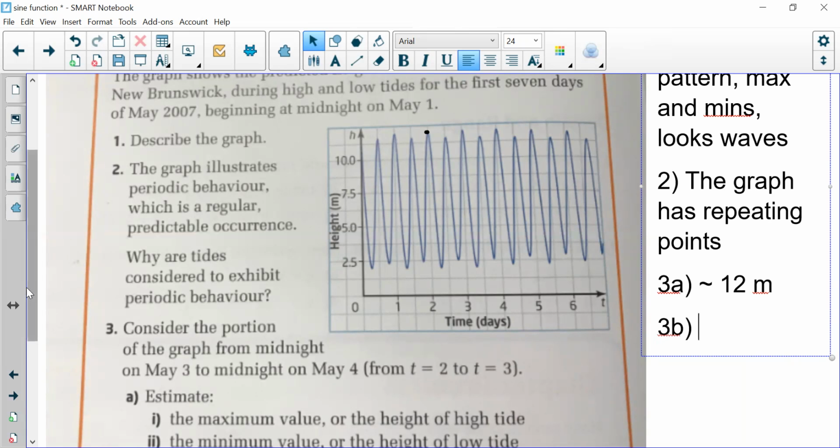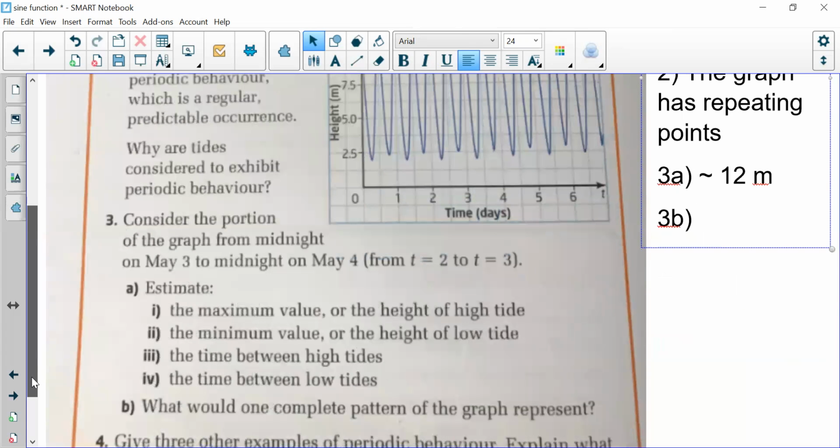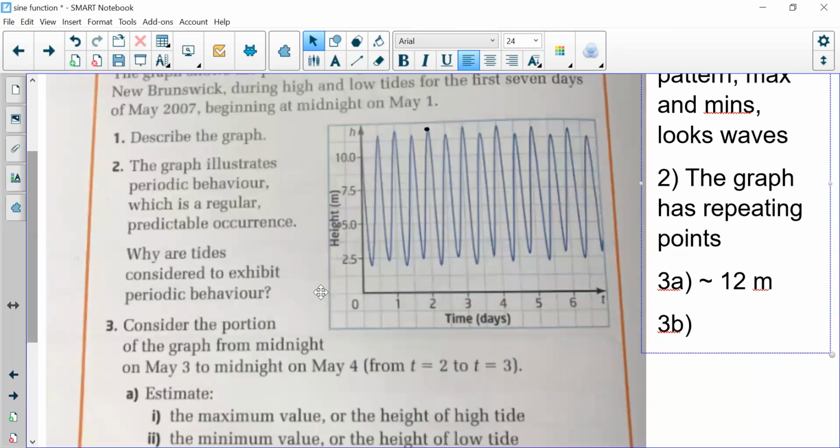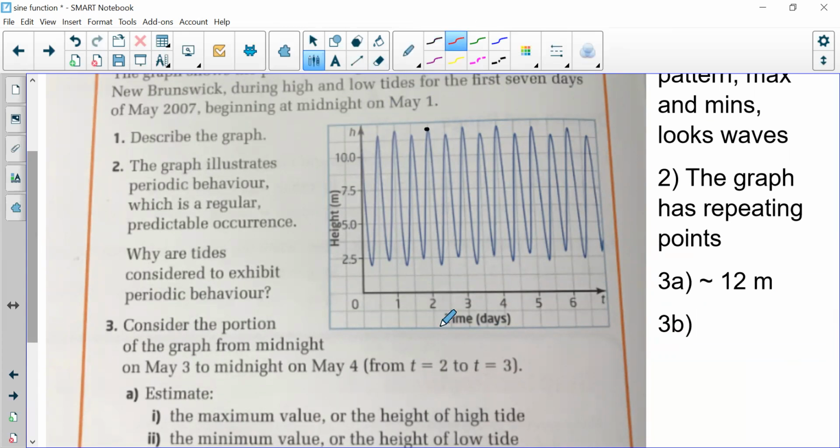Okay, 3B. Did I do all of 3A? Actually, let me check. What's the minimum value between T2 and T3? So I'm going from T2 to T3. What's the minimum value that we see? It looks like about here.